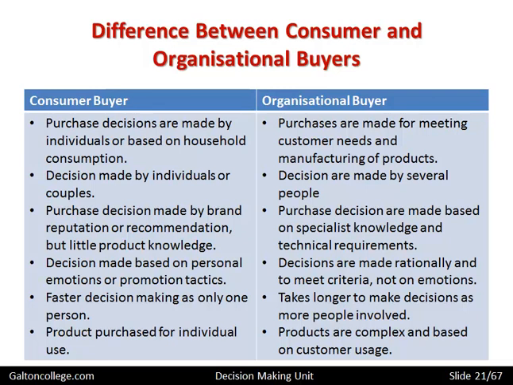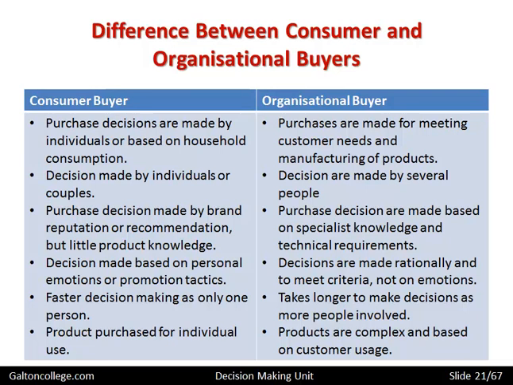And for the customer, the product purchase is for individual use. The individual buys the product for his or her use. Whereas in organizations, products are complex and based on customer usage. The product they buy will go to make a product that will be sold to the customer.